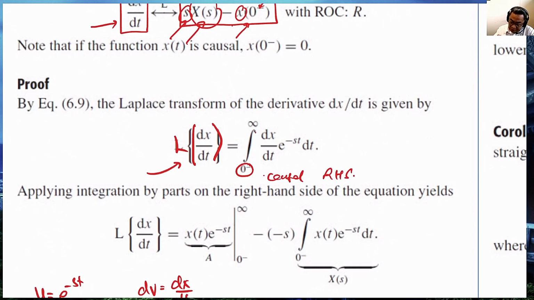So we're going to integrate from 0 to infinity. Here it is marked as 0 minus, time just a little bit on the left-hand side of the origin. The function that we are trying to transform is dx/dt times e^(-st) dt.